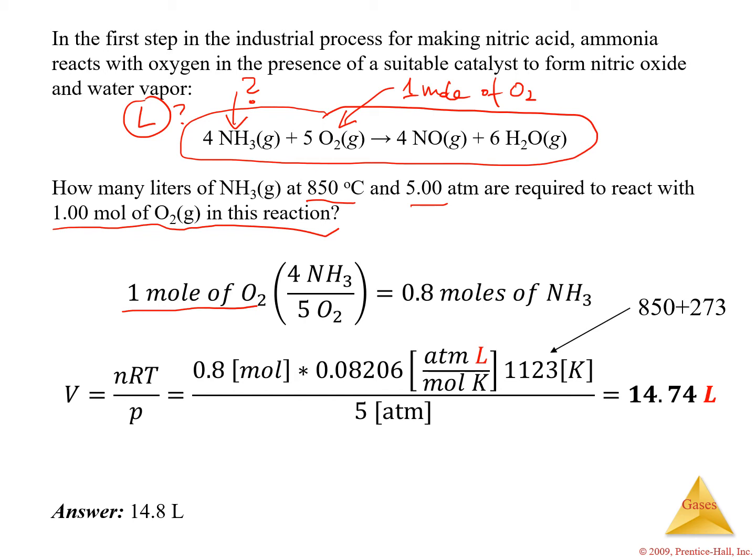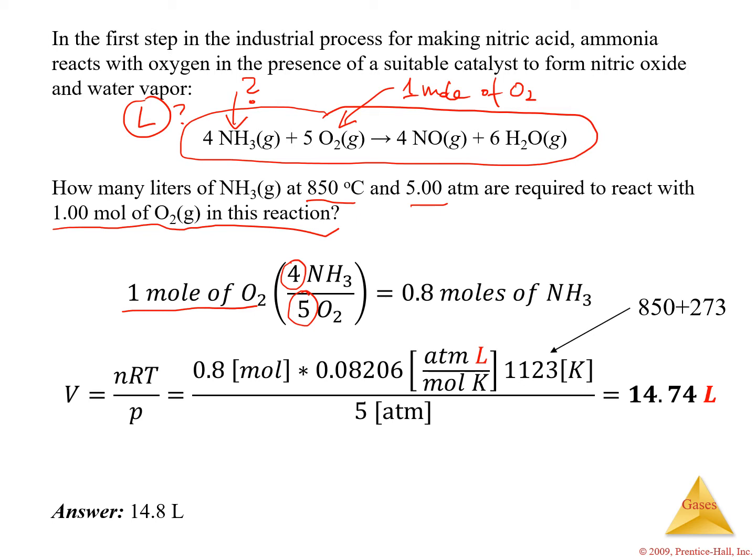Using the stoichiometric coefficients, we can relate the oxygen information to the ammonia information. The ammonia stoichiometric coefficient is 4, the oxygen is 5. This gives us that specific ratio.